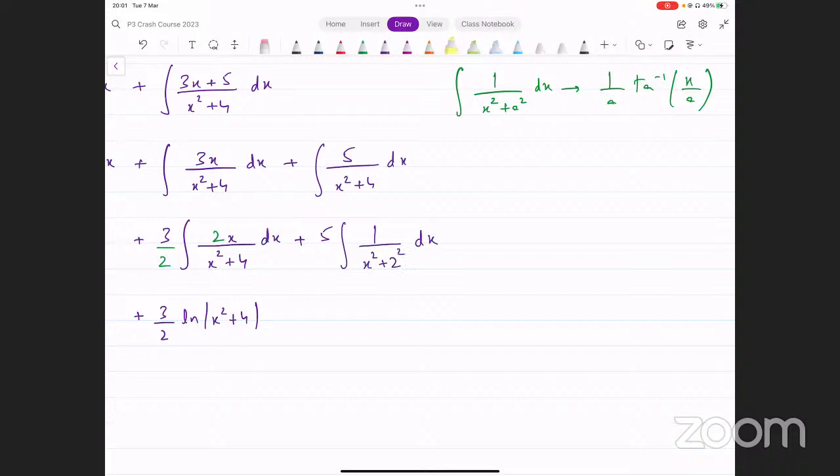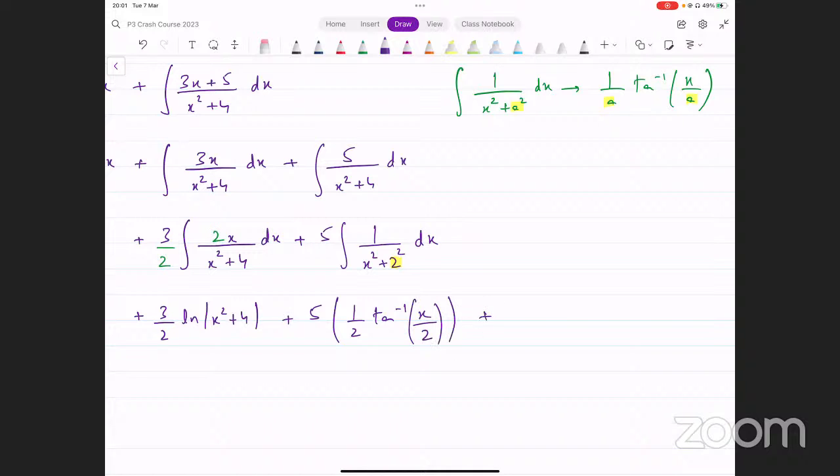And this is the tan inverse form. A is basically 2 here. If we were to integrate this, we would get 5 as it is, multiplying outside. The integral of this thing is 1 over 2 into tan inverse of x over 2.